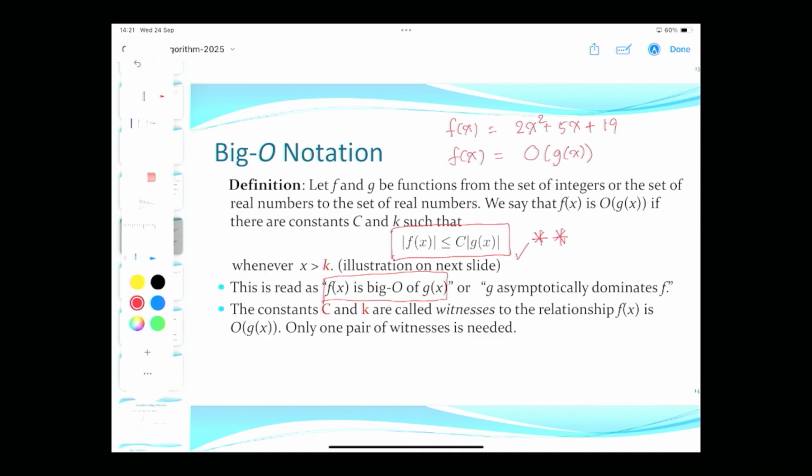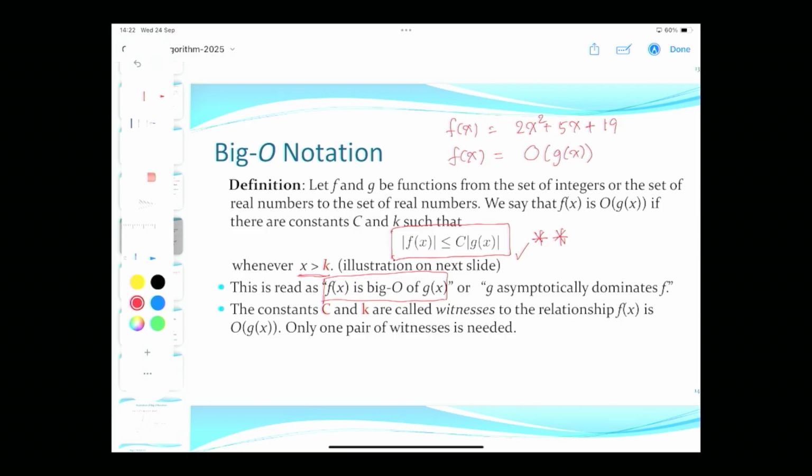We must find a constant c, so that c times g(x) is greater than or equal to the absolute value of f(x), and x must start from something that is k, whenever x is greater than k. K is an integer, a constant.